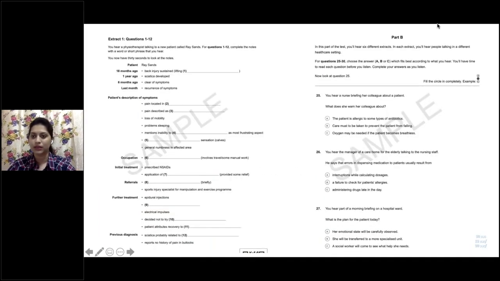Part B will look something like this. There will be a piece of conversation and a question, and then you will have multiple choices to pick from. Then you will hear a different extract, a conversation between two healthcare professionals or a monologue, anything. Then you'll have a question and again 3 choices.